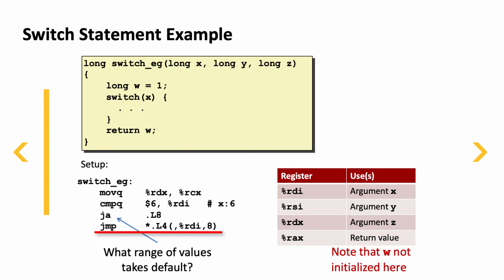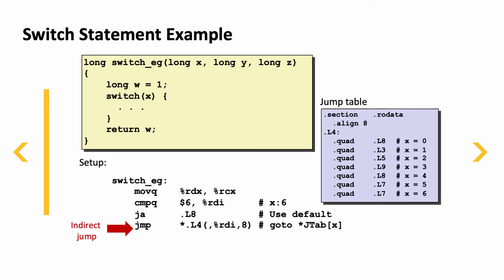All right, so that's why our scale factor is 8. So we're going to go to label L4. We're going to start there and go to an offset. We're basically going to go to as many words as argument X specifies down from L4, and that's our index, right? That maps, it's like an array, right? Our index, if X is 1, then we'll go 1 word away.